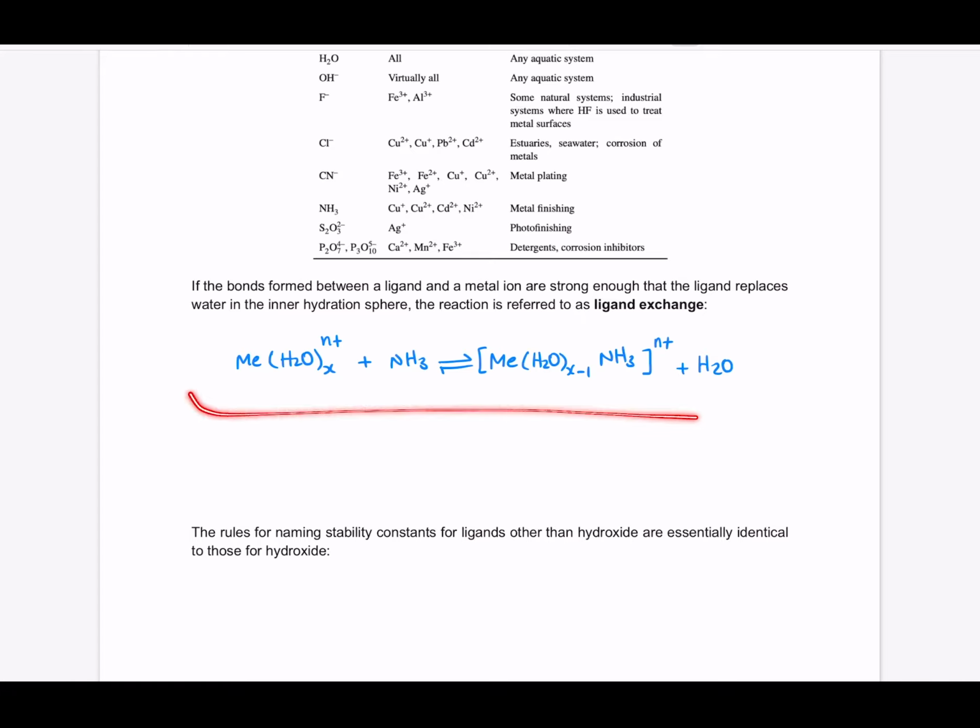For this kind of reaction, which you will see very often, we normally remove that water part. So we commonly write this as metal n plus plus ammonia to form metal ammonia, n plus.